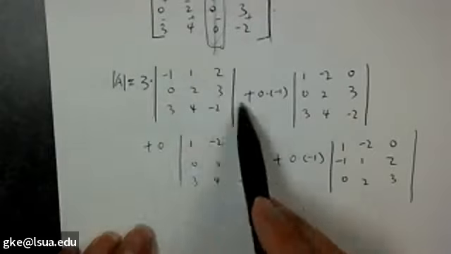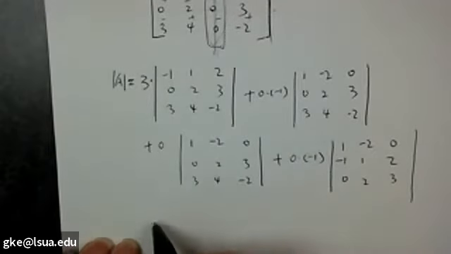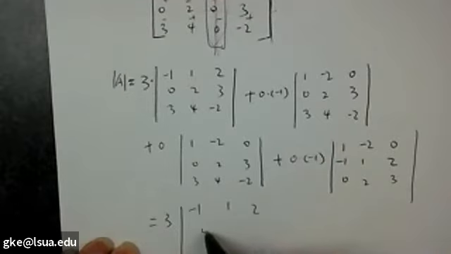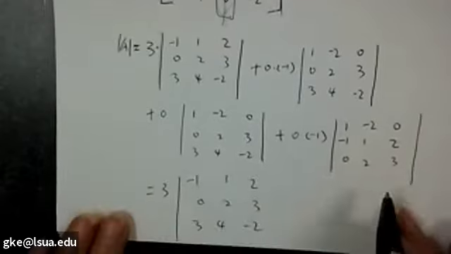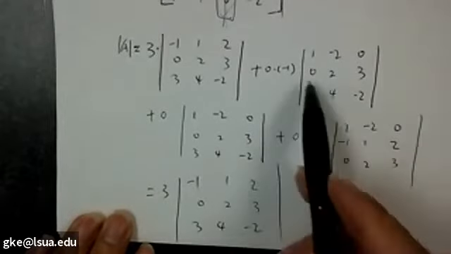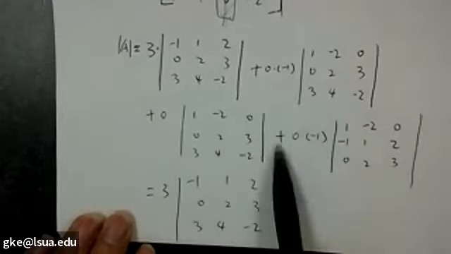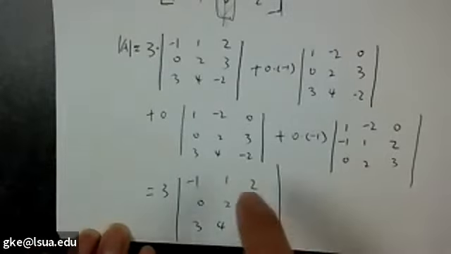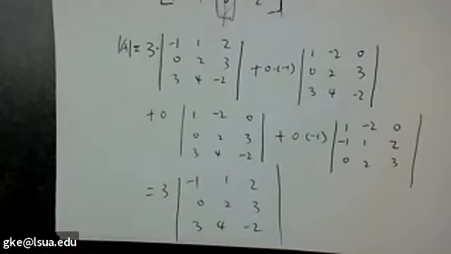So the only term that's left is what? Is this guy. This term is 0, this term is 0, this term is 0. Right? So now, how to calculate this guy? We're going to do the expansion again, right? Expansion again.